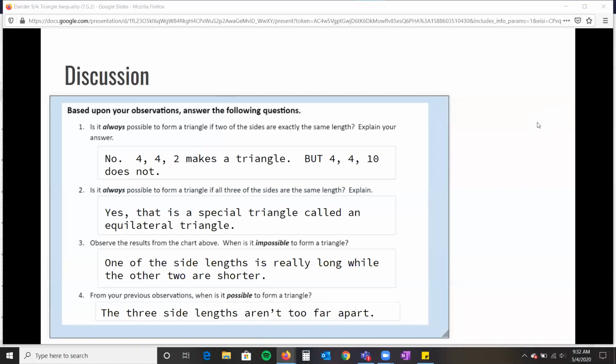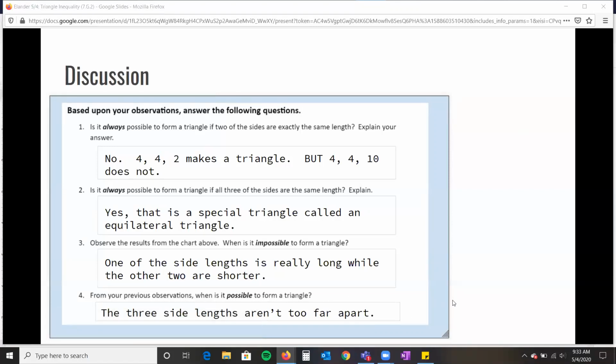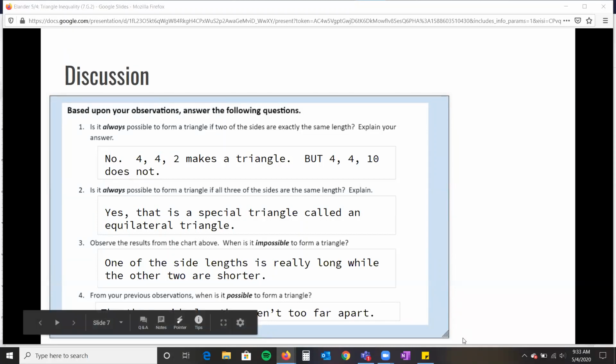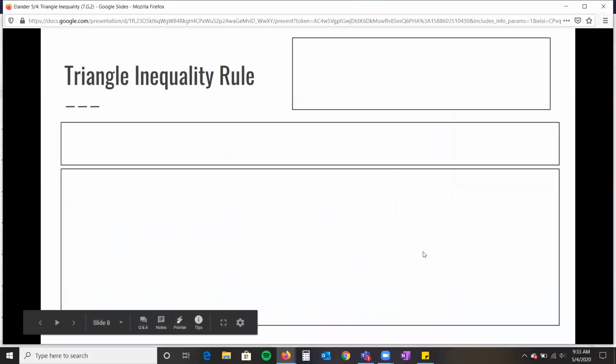If they are the same length, okay. Good, let me get some more responses. We got a decent little crew here today. So just put what you guys put for question 4 in the chat right now and send it.